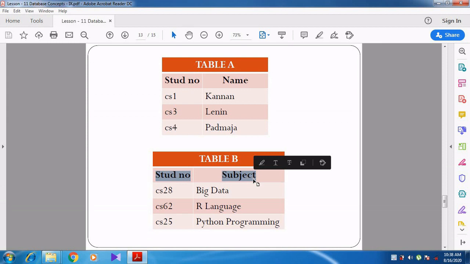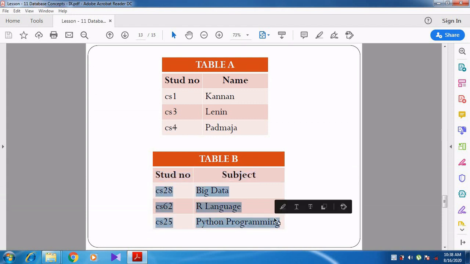Whereas table A contains student number and name. So the common attribute is student number. But table A contains name. Here table B contains subject. Now you see here CS28 big data, CS62 R language, CS25 Python programming.